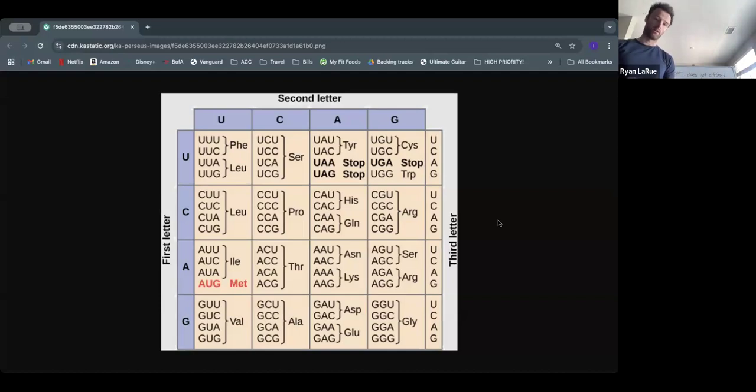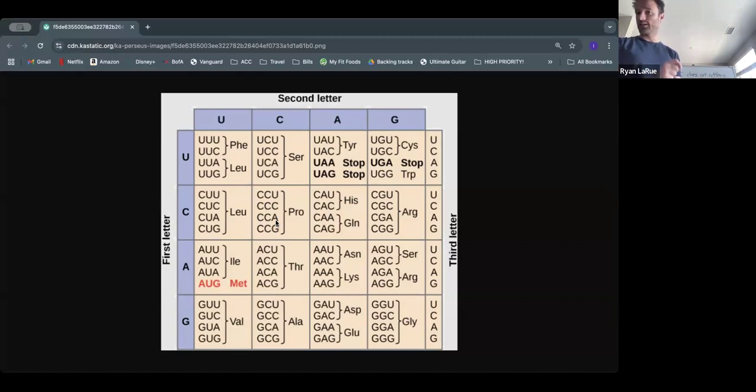So what we're talking about here is when a single nucleotide change in DNA, remember mutations are in the DNA, will result in a different codon in the mRNA. So codons are mRNA that are transcribed from DNA. So let's say you have CCC and then it changes to CCA.